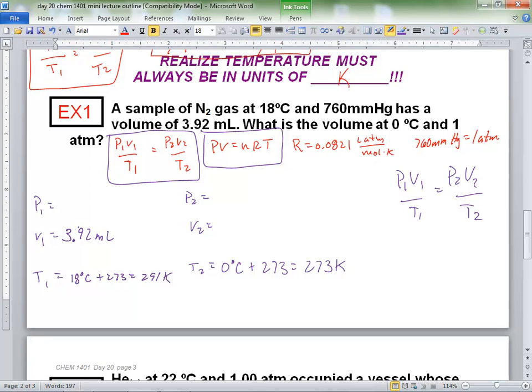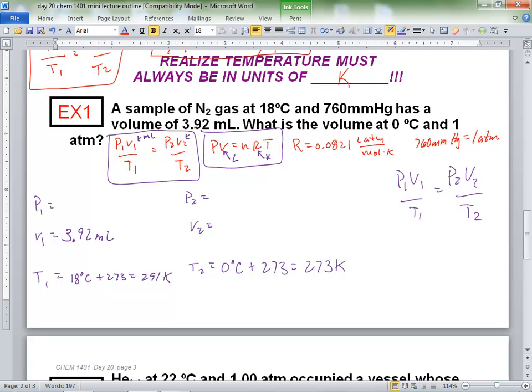You're looking for the volume, but remember, this is the one that has to be in liters because of that R. But in this one, if he's in milliliters, this one will just come out to be in milliliters. So we can just leave it alone. Our answer will just be in milliliters then. They didn't even care. So I would say just leave it alone.